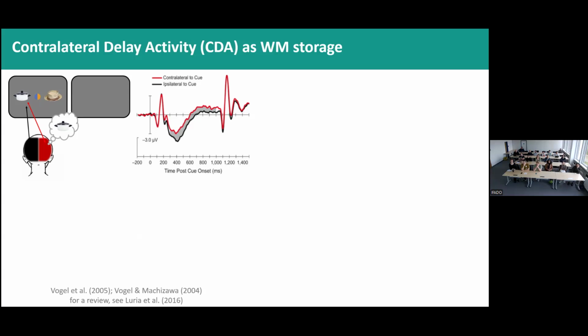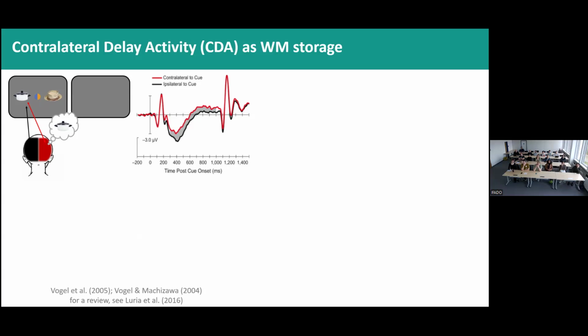And importantly, this negativity is sustained during the retention interval in the absence of any stimulus, which means this is not about a perceptual imbalance, but rather due to memory demands. And this is why we had one item on each side.